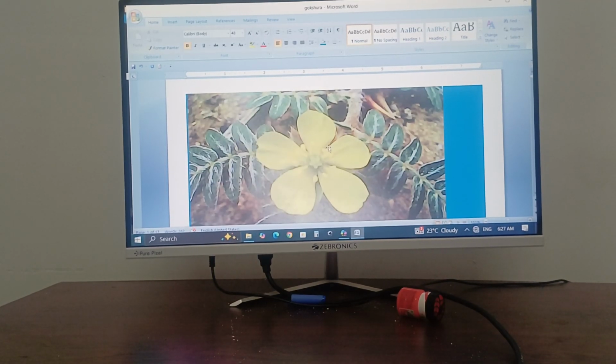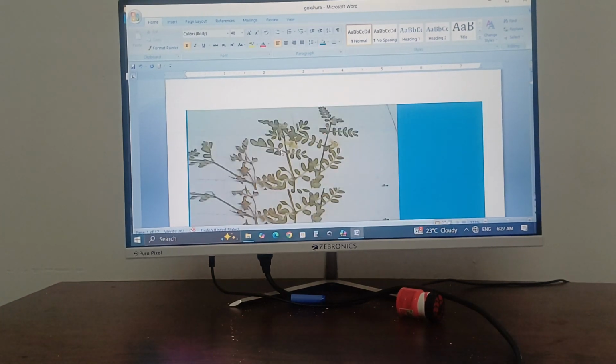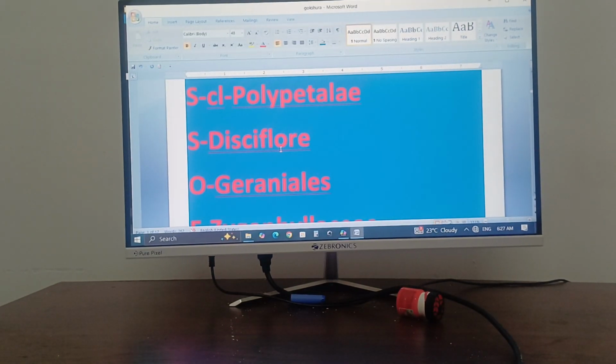Is it clear to you now? The moment you go to the garden, you can see the flower yellow in color. 1, 2, 3, 4, 5 petals will be there. Now, in today's class, by using our episode, you are able to understand what Gokshura is and how to identify Gokshura.